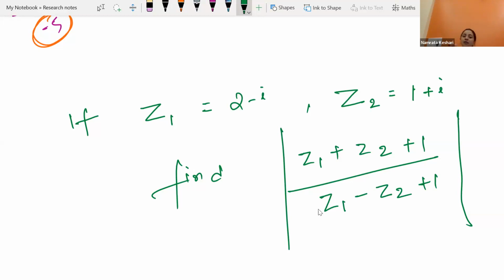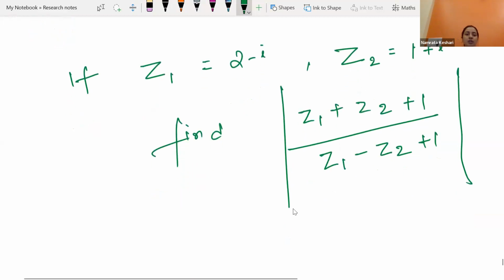We have to find the modulus of the given expression. Now let's try solving the given expression and writing it in the form a plus ib. Then only we will be able to find its modulus.